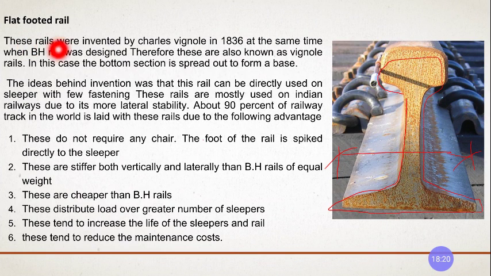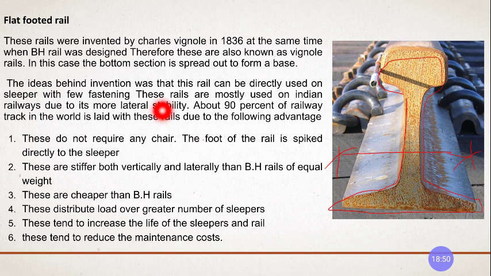These rails were invented by Charles Vignoles in 1836, at the same time when the bull-headed rail was designed. Therefore, these were known as Vignoles rail. The bottom section is spread out to form a base, to provide some stability. The idea behind the invention was that the rail can directly be used on the sleepers with very few fastenings.